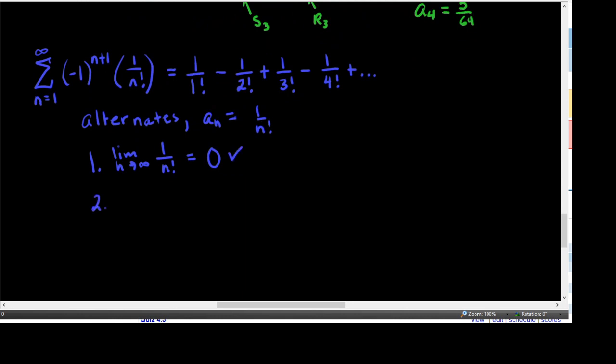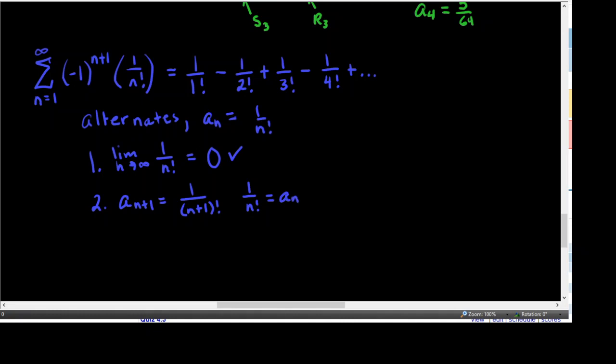Second test is a sub n plus 1, which would be 1 over n plus 1 factorial. And then I'm going to write over here what a sub n is and hope that it's got the right direction.